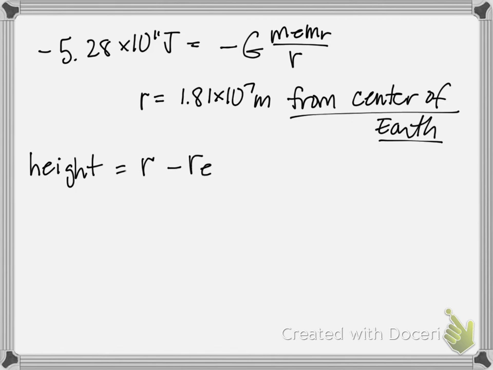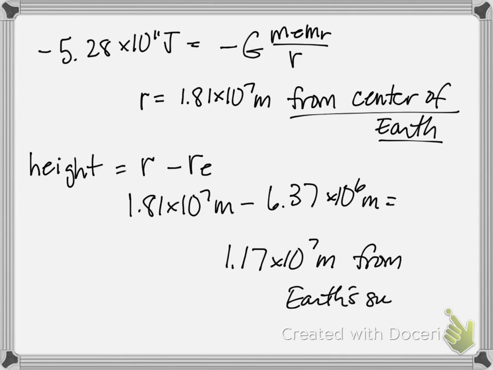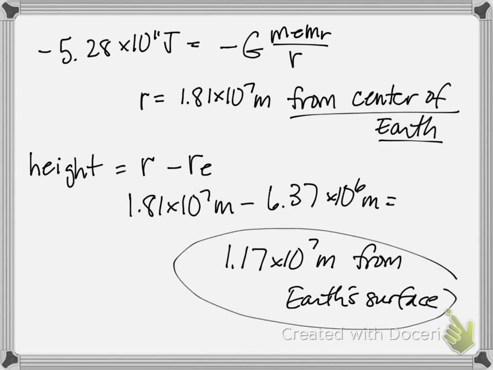So 1.81 times 10 to the 7th meters, subtract out Earth's radius, and we get 1.17 times 10 to the 7th meters from Earth's surface.